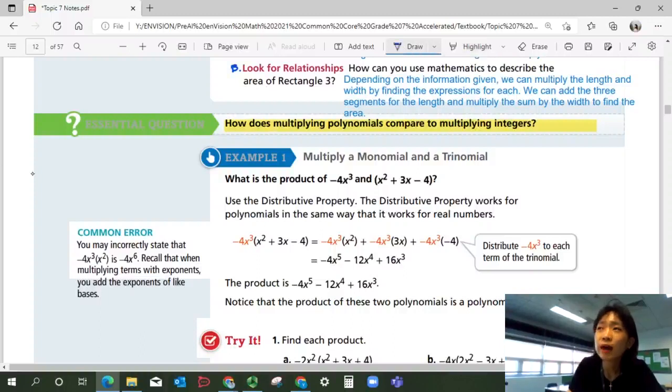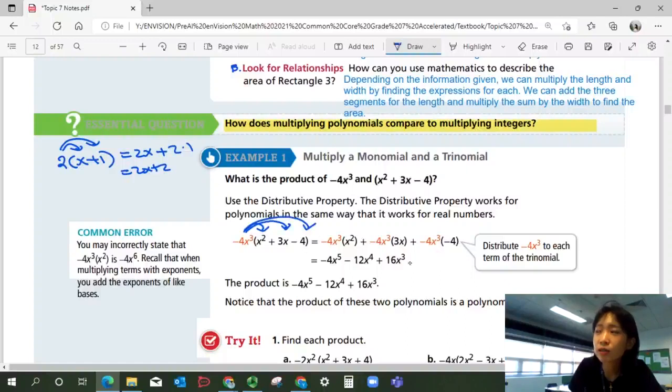So it's the same as multiplying a constant, 2 times x plus 1. For example, you use the distributive property to distribute 2 out, right? 2 times x plus 2 times 1. And that's 2x plus 2, right? Do the same thing for the polynomial. You're going to multiply the monomial out to each term in the polynomial.